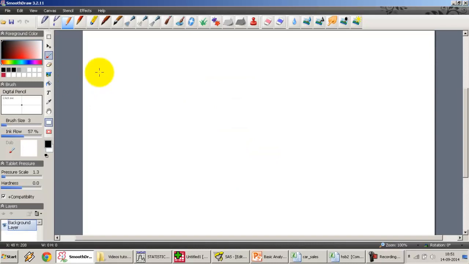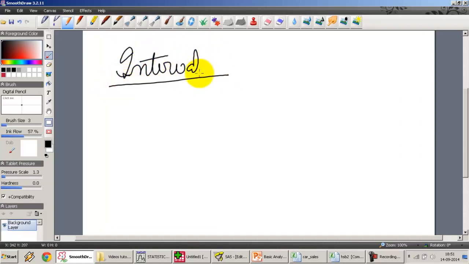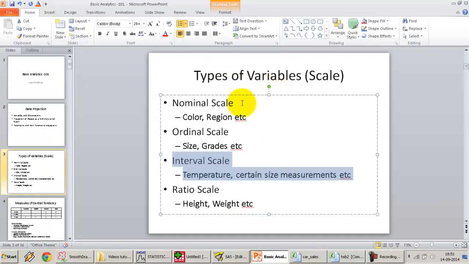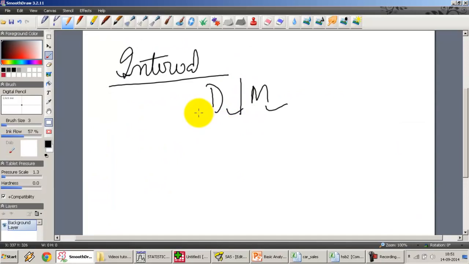You are very unlikely to actually come across them. The very definition of an interval variable is a variable which does have direction and does have magnitude. So both direction is there, both magnitude is there, but you are limited with the kind of arithmetic operations that you can apply on them.